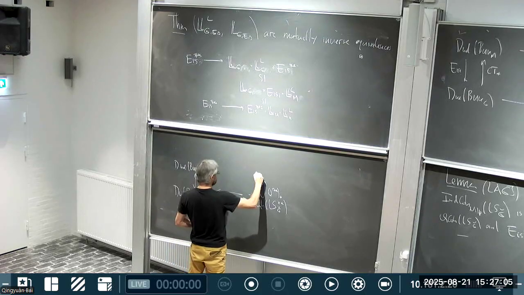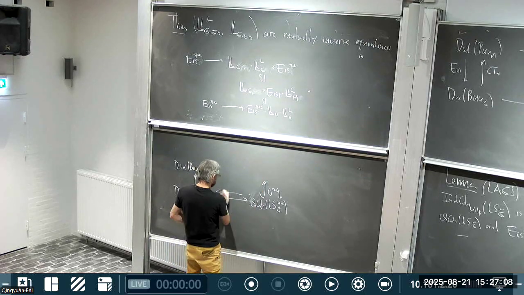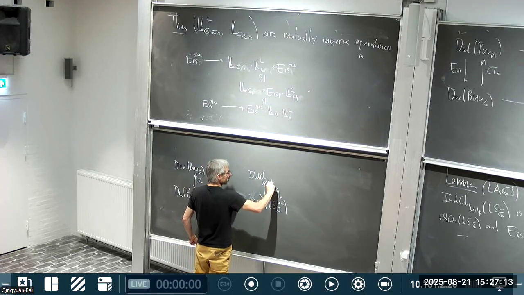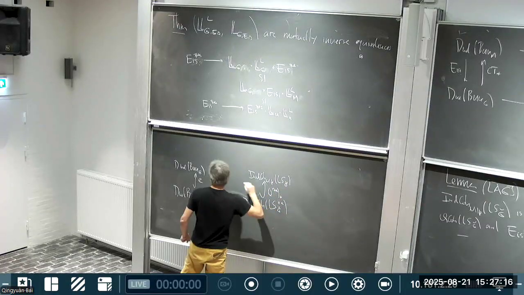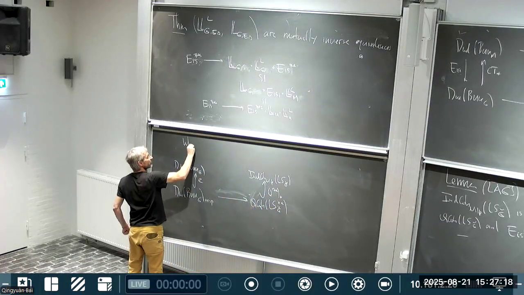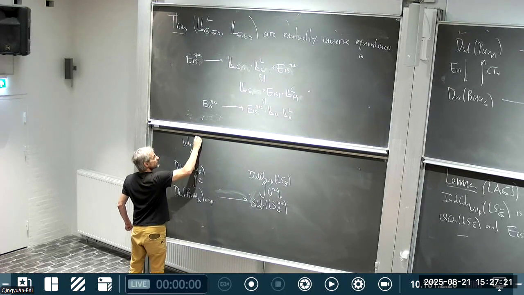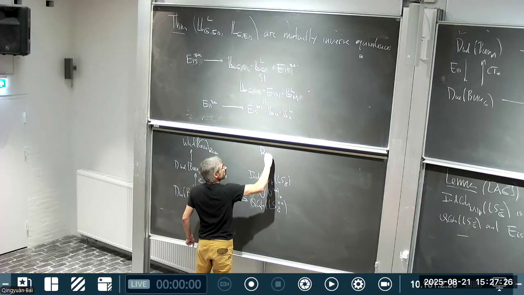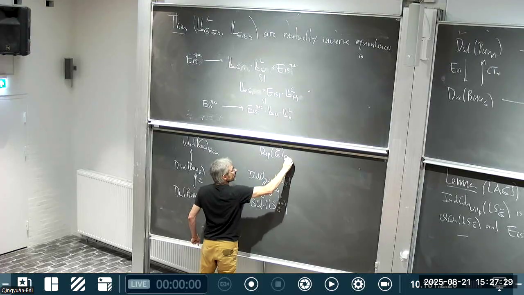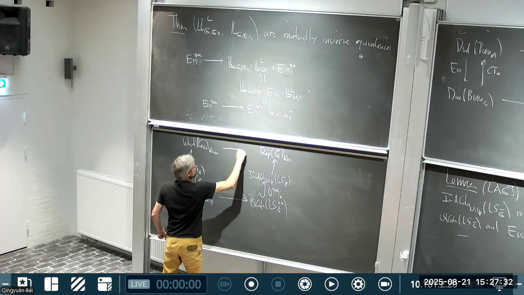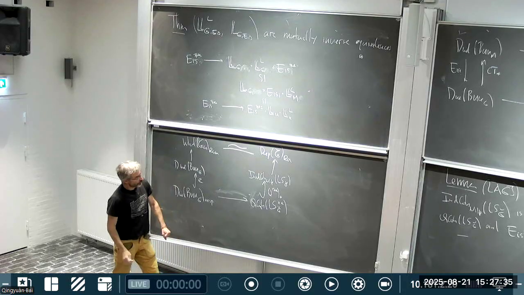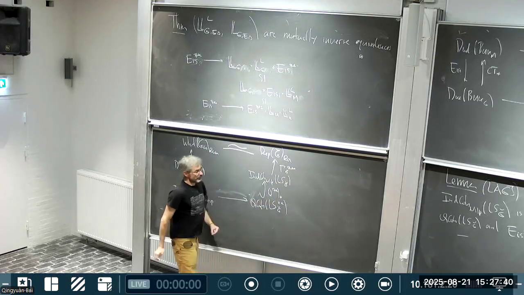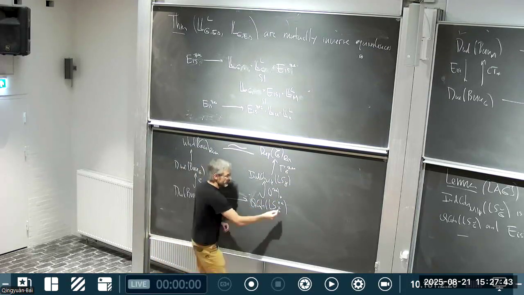And here, once you check it, these are equivalent. So we already know that this functor, gamma, is fully faithful on quasi-compact objects. Here we are in quasi-compact, so this functor is fully faithful.